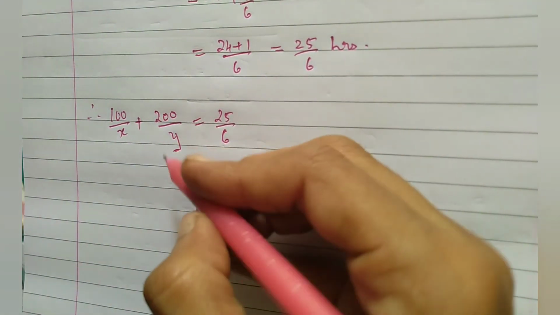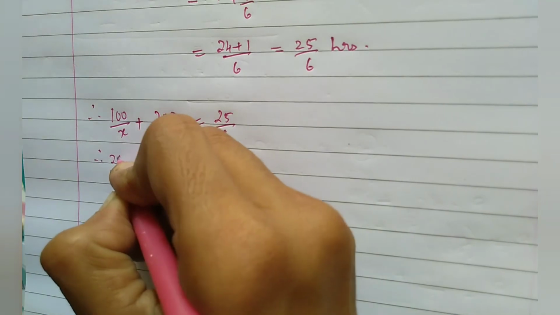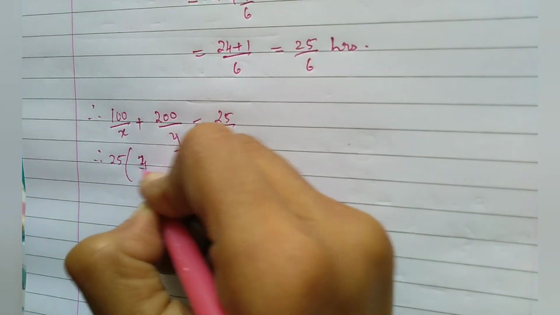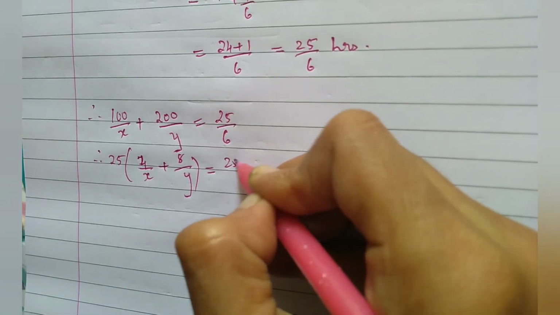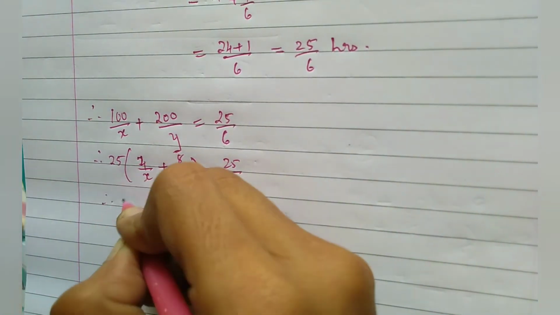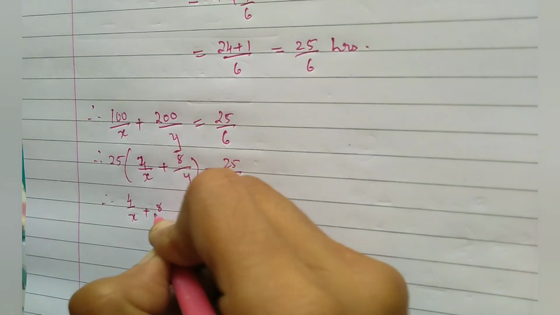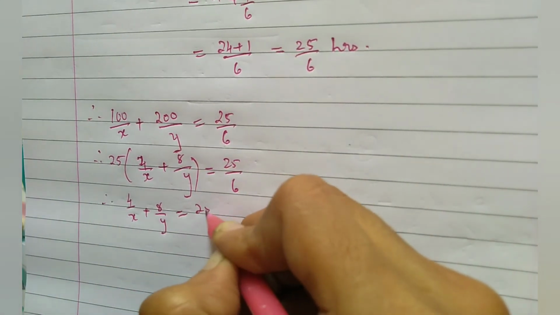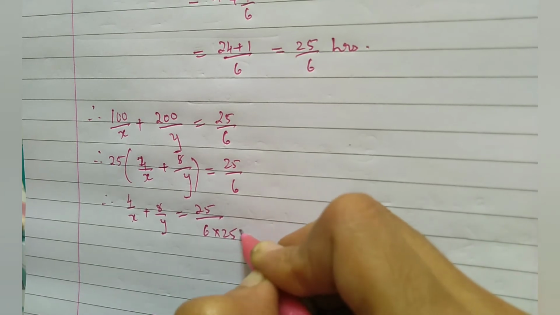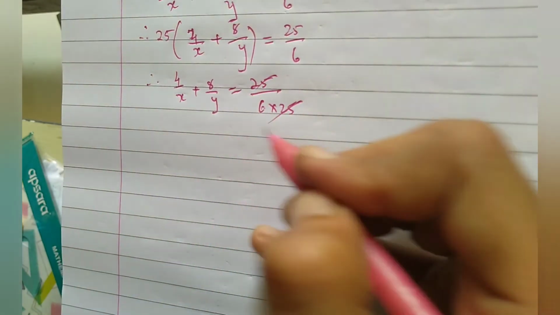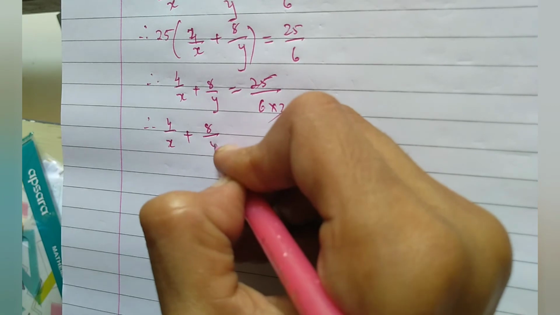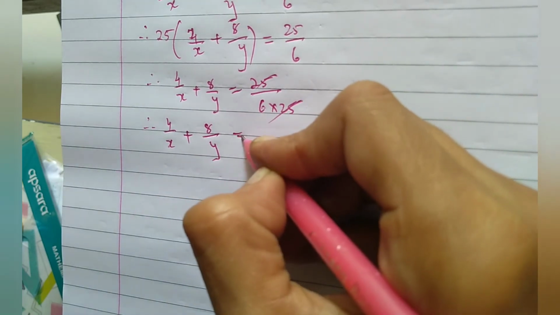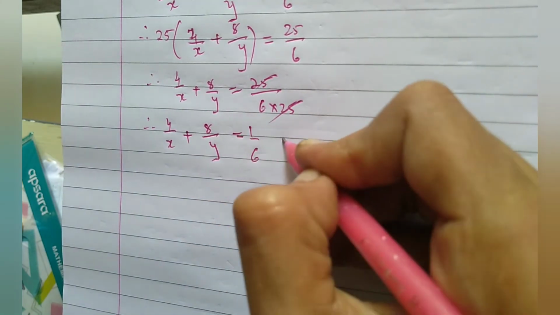Okay, therefore 25 common, 4 upon x plus 8 upon y equal to 25 upon 6 into 25. 25 cancel. Okay, therefore 4 upon x plus 8 upon y equal to 1 upon 6.